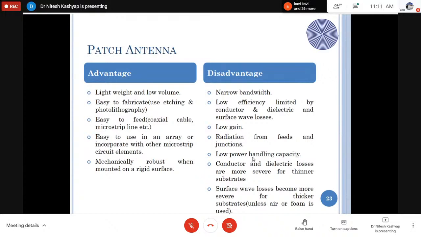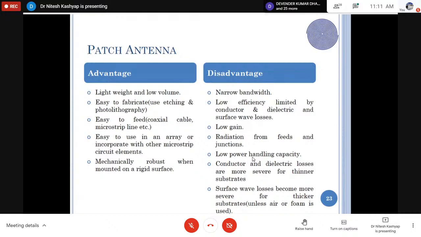Like we can make our antenna on a PCB board. We don't want to make a separate antenna if it is not necessary, so we can print our antenna on the PCB only. So it is a very feasible antenna actually. It is mechanically robust when mounted on a rigid surface, and it is a mechanically stable antenna.